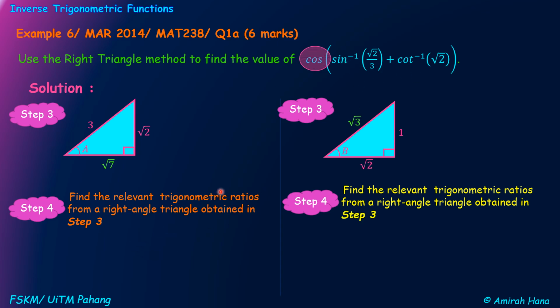Relevant trigo ratios here means, from the given question, we have cos, and in step 1 we have inverse sine √2 over 3 equals A and inverse cos √2 equals B. Means we can rewrite in terms of cos(A + B). From the sum and difference angle identity, if we expand cos(A + B), we need to substitute the values of sin A, cos A, sin B, and cos B. Means sin A, cos A, sin B, and cos B are the relevant trigo ratios to solve this question.